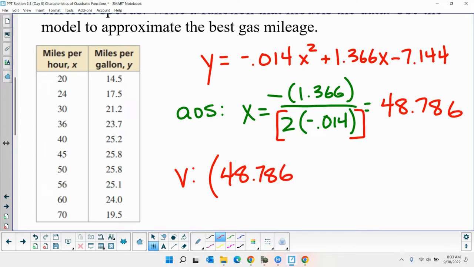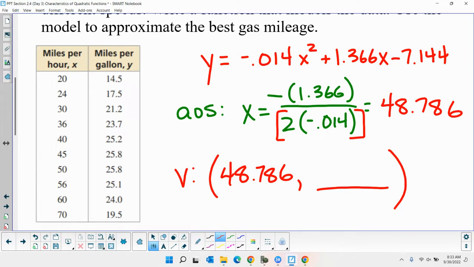All right, so that's how fast we should be going. But we want to see how many miles per gallon we're going to get. So I have to figure out the y value. So I have to plug that in.